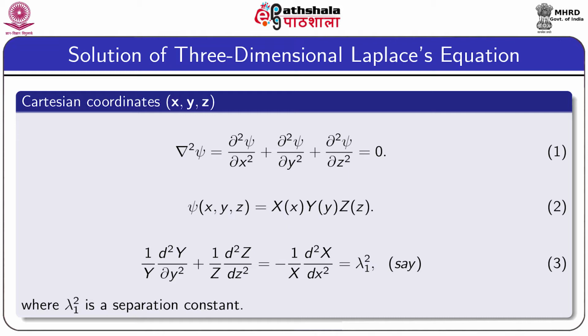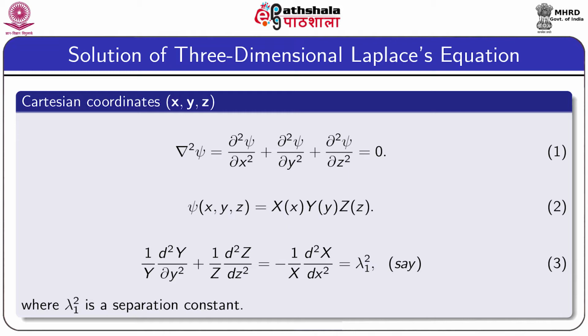Now, if we substitute solution 2 in equation 1, we get an equation which is written as equation number 3. If we observe this equation, we wrote the terms in y and z on the left hand side of equation 3 and the term involving the variable small x on the other side.